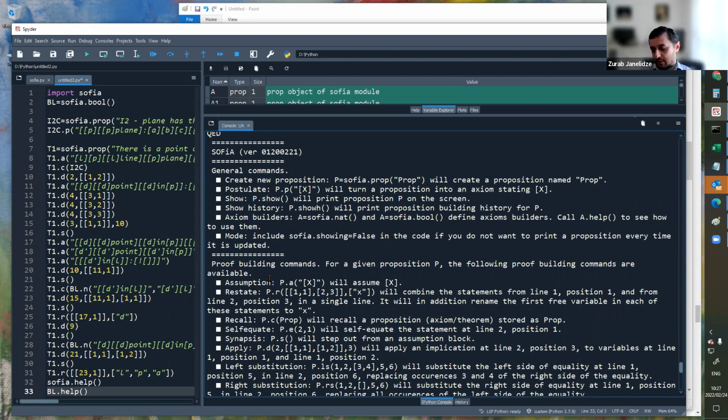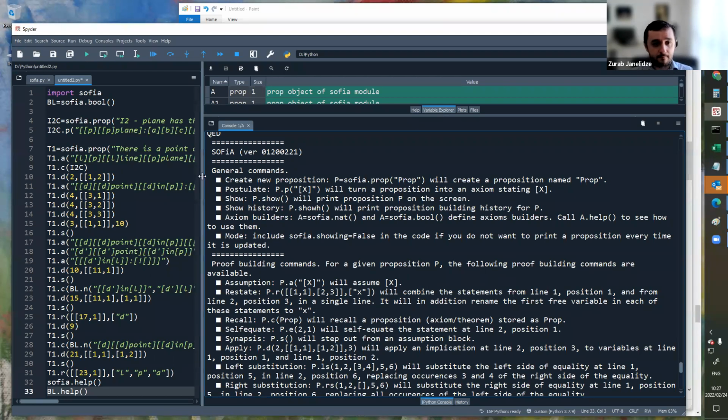At the moment, there are a few proof assistant software around the world. Some of them are quite famous, some of them are less famous. What they do is help the user to enter proofs, not just confirming that what I entered is correct, which is at this point what Sophia is doing for us, but also completing some steps.